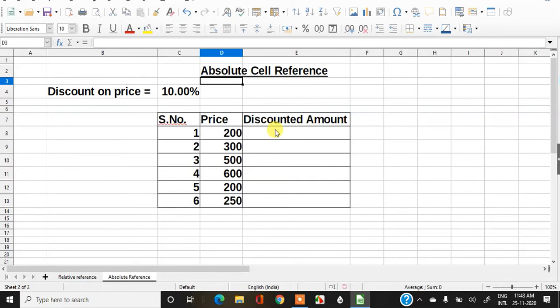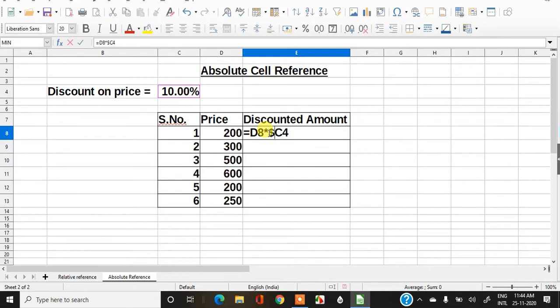Now I will click on the cell E8. This is the cell address E8, and I am putting the formula here: equal to, this is my cell address, and I have to multiply, multiplication symbol, and click on this cell address, but I have to make this particular cell constant.